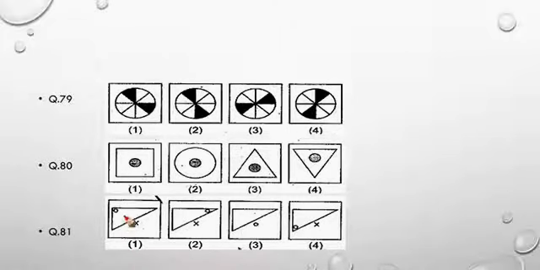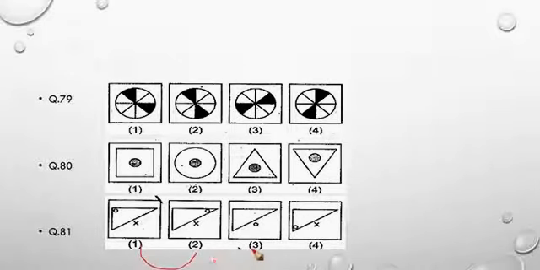One design is a small circle which is inside the triangle in one of the corners, and one plus sign is there which is outside the triangle. In option 2, the circle is again in one of the corners and it is inside the triangle, whereas the plus sign is outside. So option 1 and option 2 are looking similar.